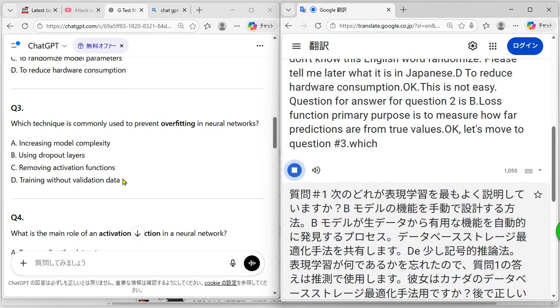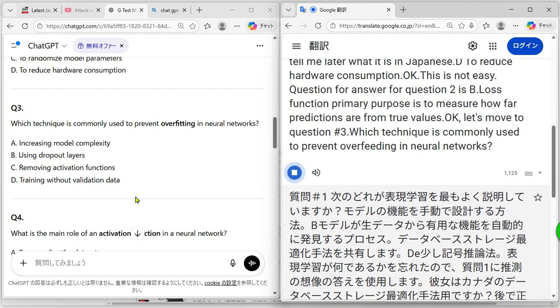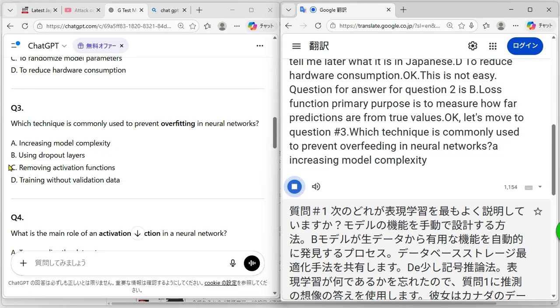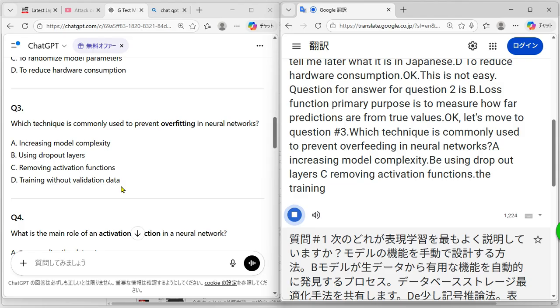Which technique is commonly used to prevent overfitting in neural networks? A. Increasing model complexity. B. Using dropout layers. C. Removing activation functions. D. Training without validation data.